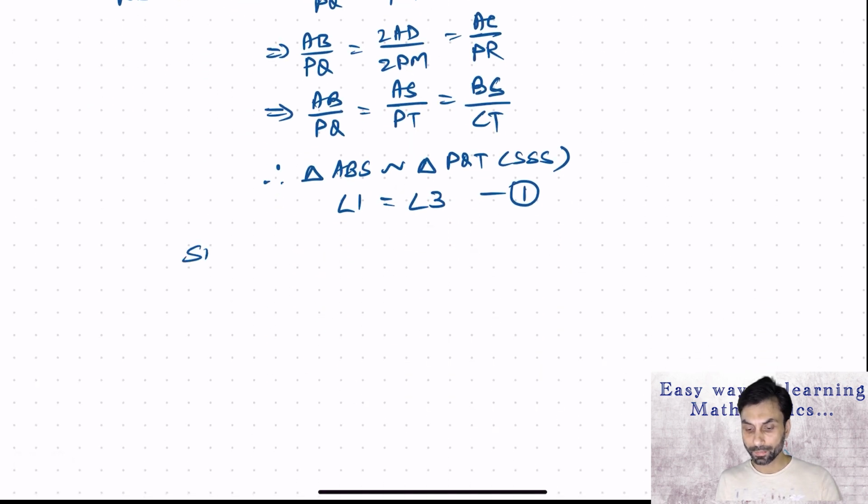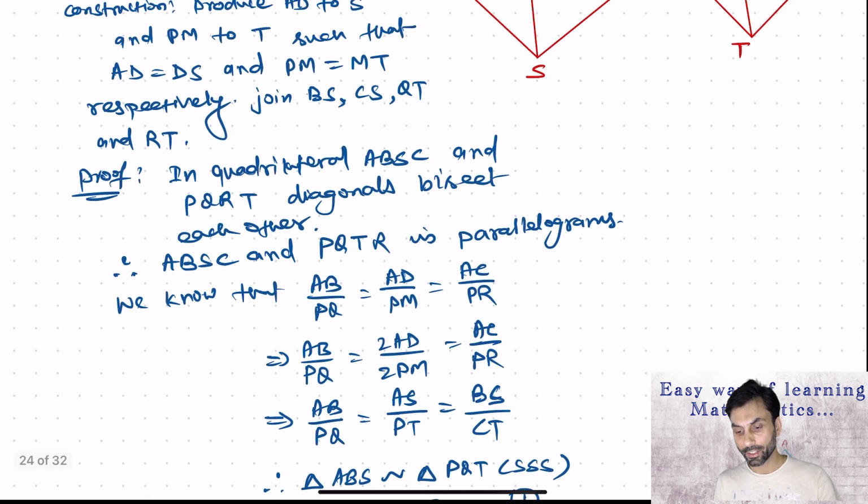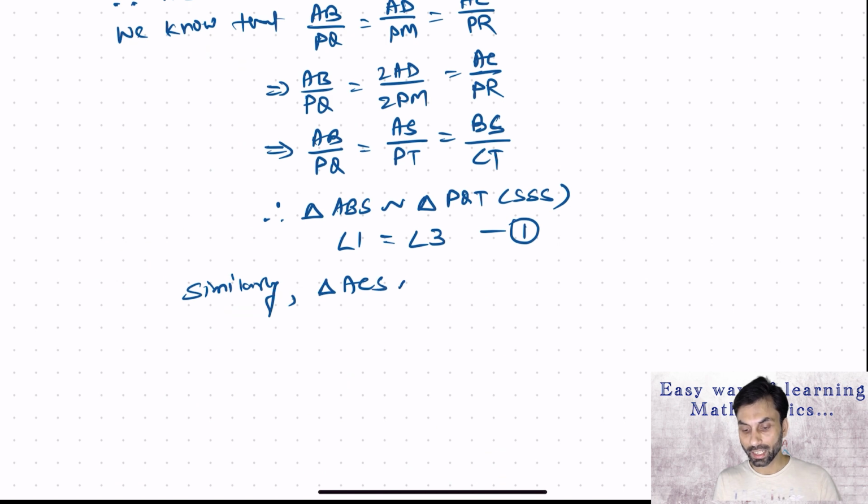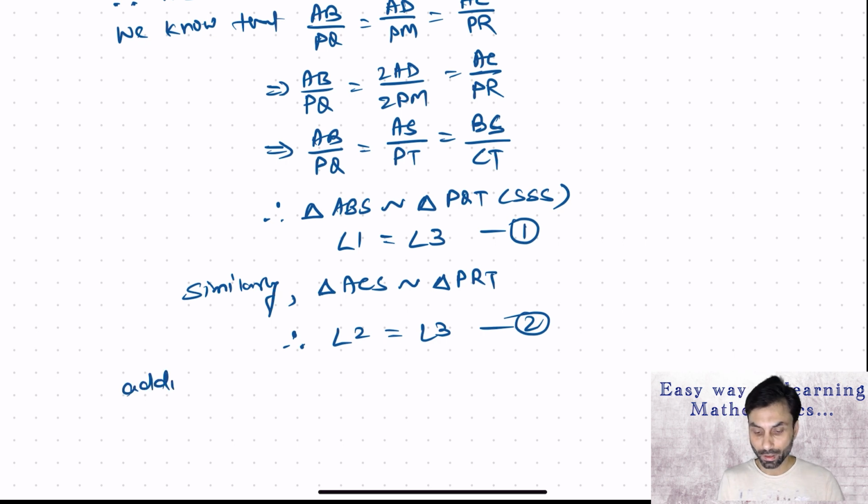Now similarly, we can prove that triangle ACS is similar to triangle PRT, and so we'll have angle 2 equals angle 4, that is the second statement.